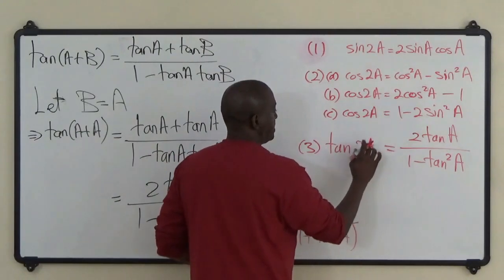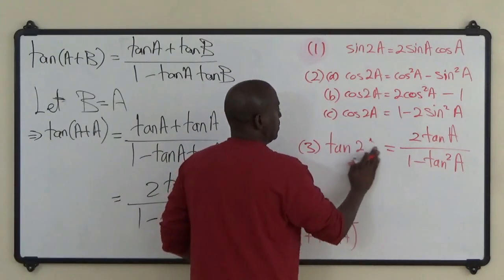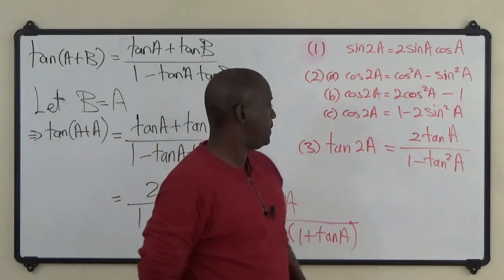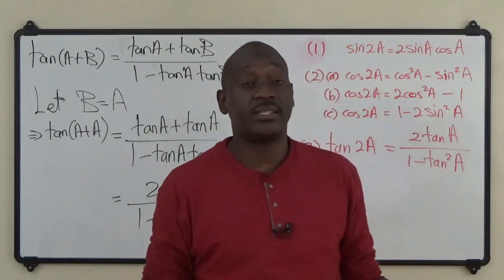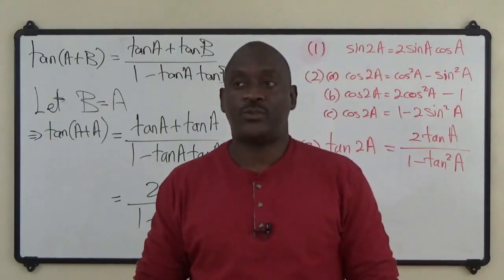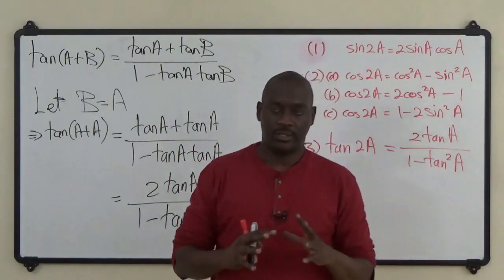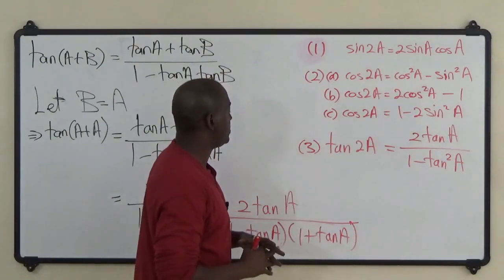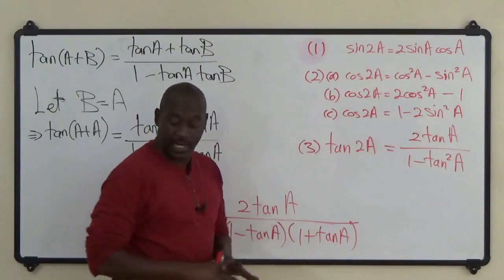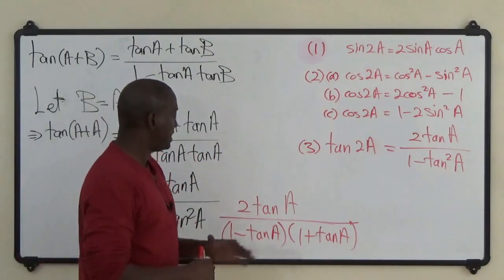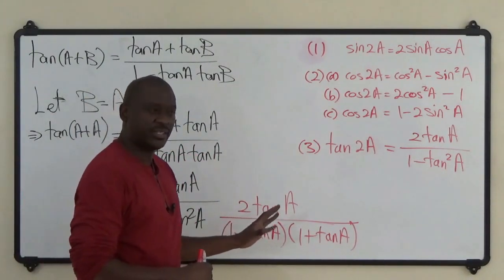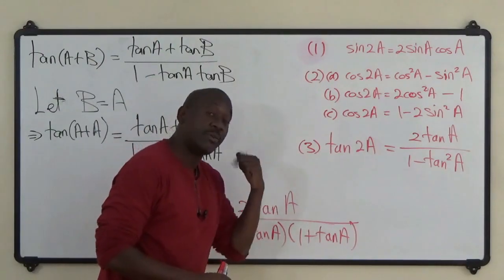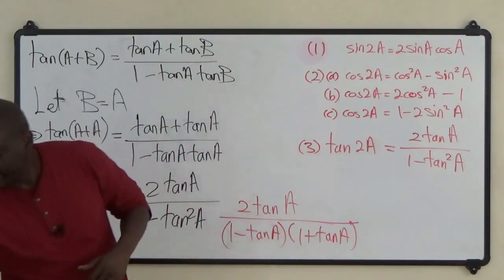Good. So we have derived the double angle formulae for each of the 3 trigonometric ratios, and along the way we would have actually spotted some difference of 2 squares. That is something to keep not too far from your mind when you're doing these things.